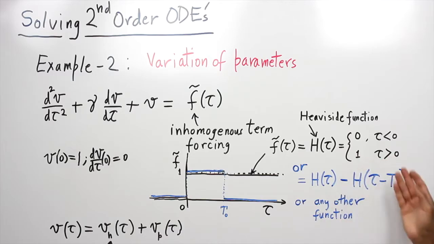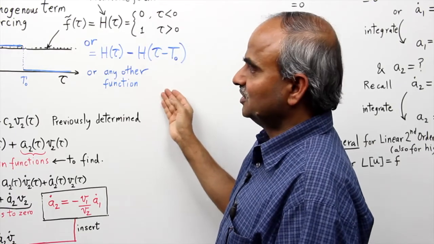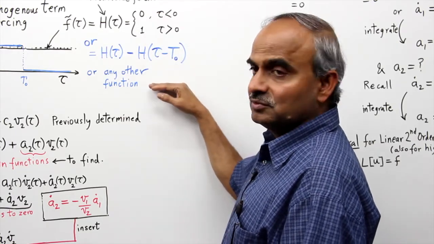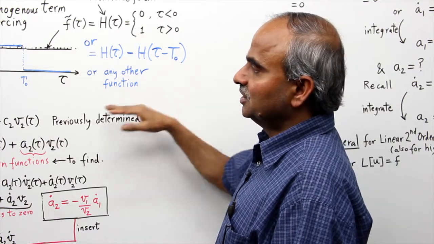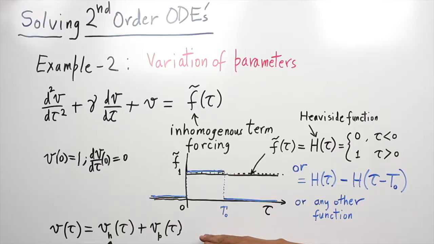So we can consider any arbitrary right-hand side function, and that is what we want to illustrate, how to do that. And so the step would be to start with this idea that we have talked about, that the solution is composed of a homogeneous solution plus a particular solution.